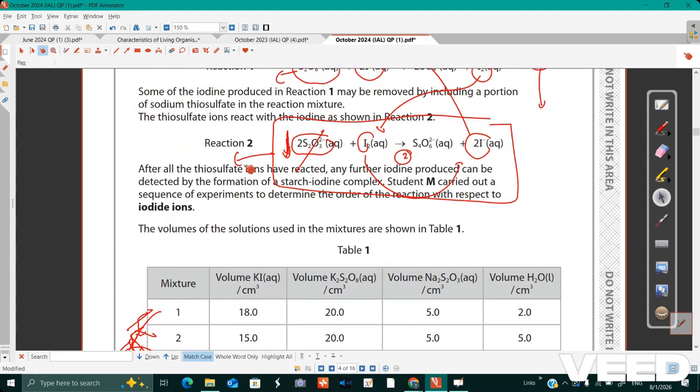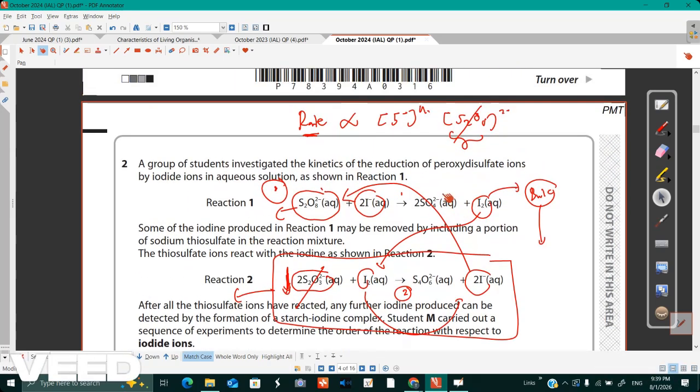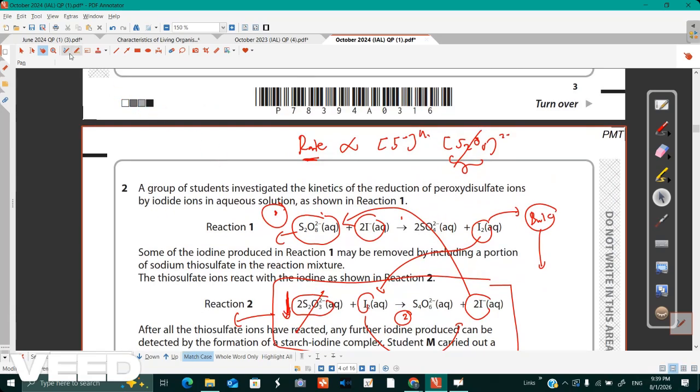So the K2S2O8 concentration remains constant. Therefore, since the concentration remains constant, rate is proportional to the I minus concentration to the power of n.